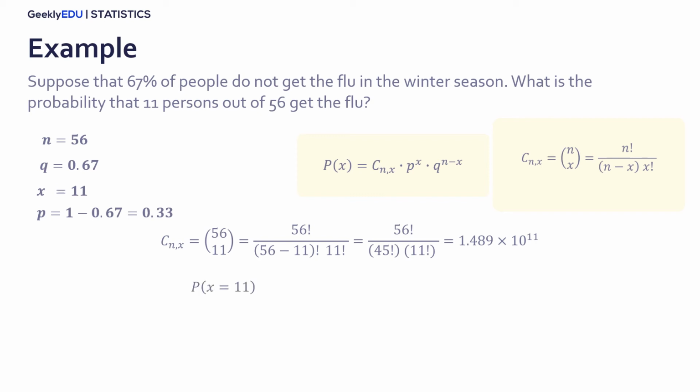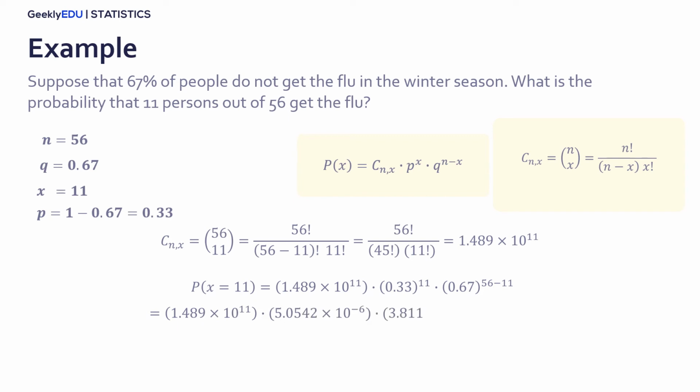Substituting all the numerical values and computing, the probability that 11 people out of 56 get the flu is equal to 0.00287, or this can be written also as 0.287%.